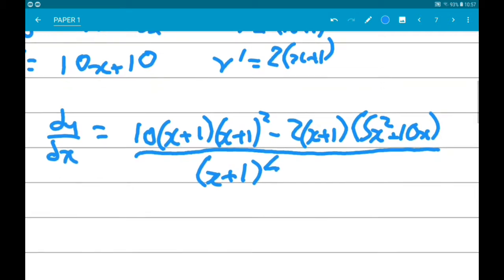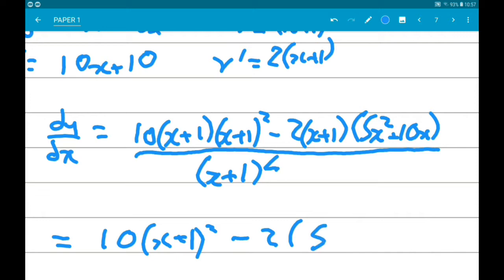So we get 10 lots of x add 1 squared minus 2 lots of 5x squared add 10x, all over x add 1 cubed.